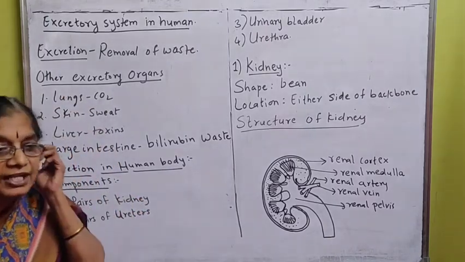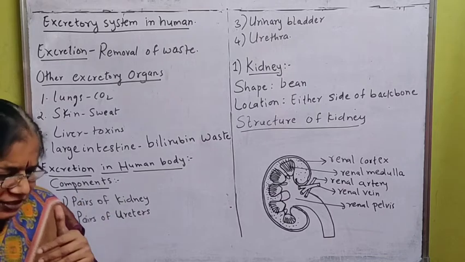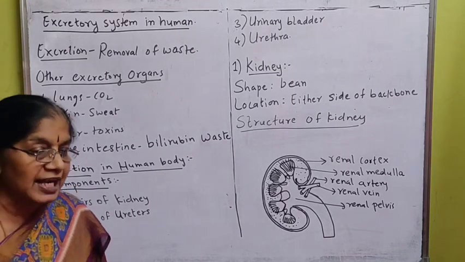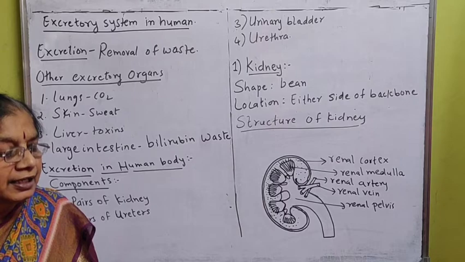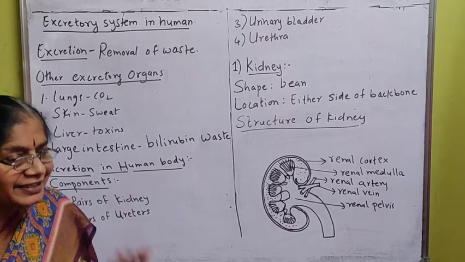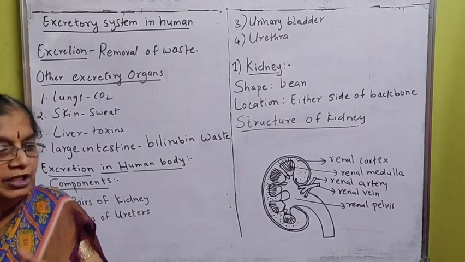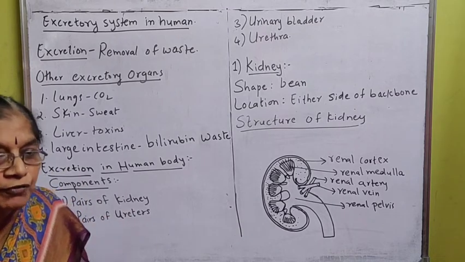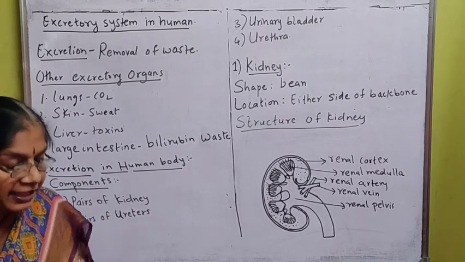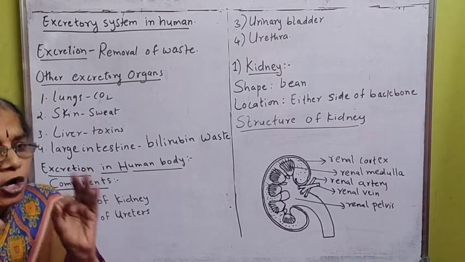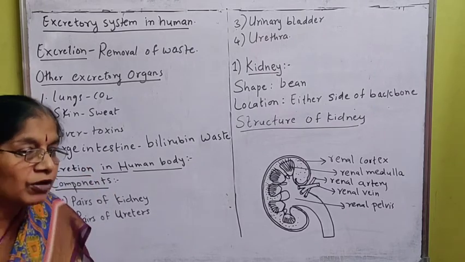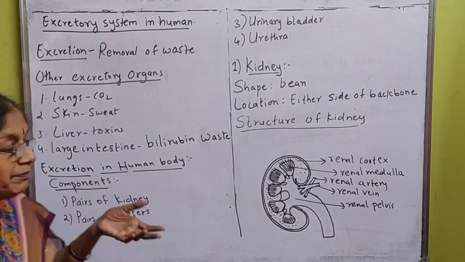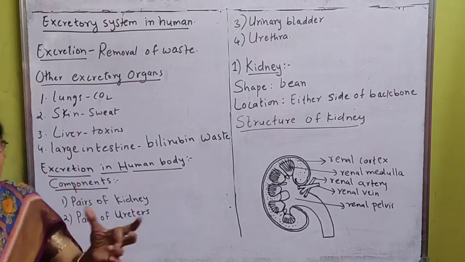Whatever extra salt is produced in our body with the water content, it will make that extra salt move out of our skin in the form of a salt solution, because skin has small pores. Through that, the salt will be thrown out in the form of sweat.